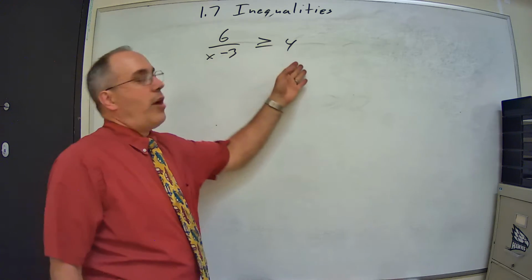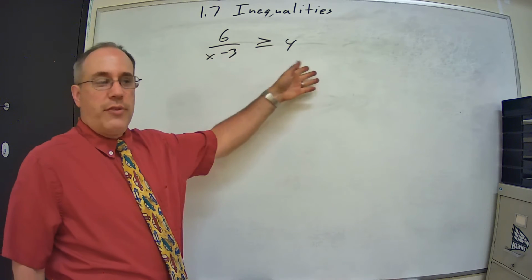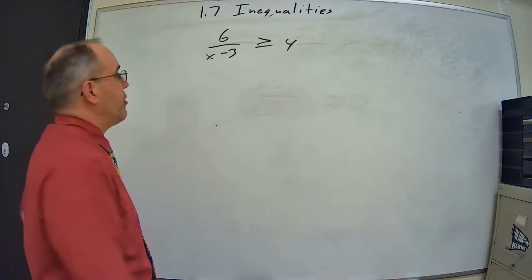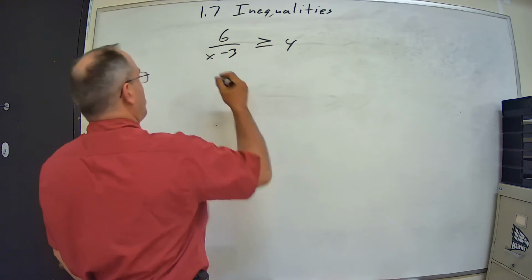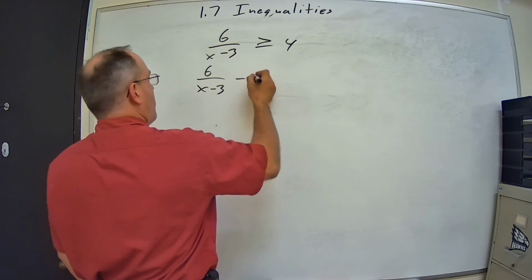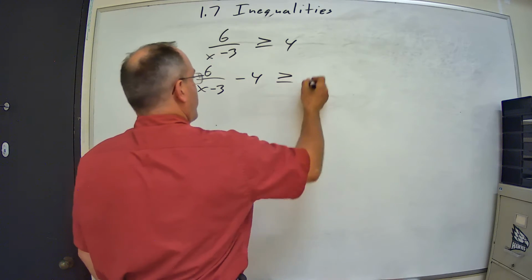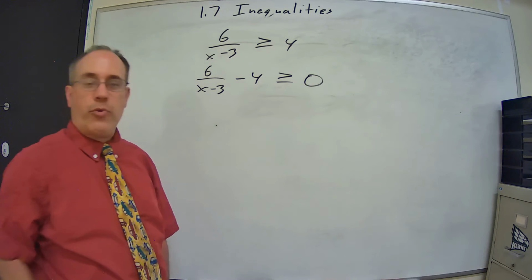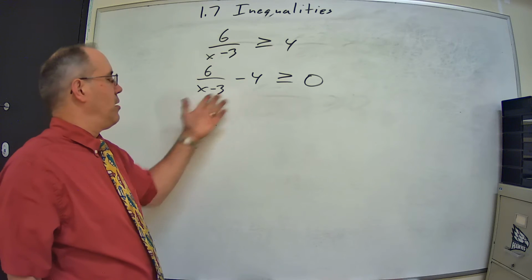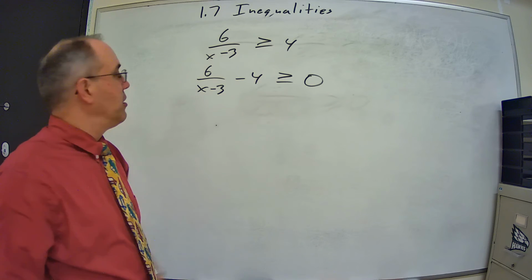As I said, we want to get 0 onto one side and a rational expression on the other. So I'm going to subtract 4 from both sides. We get 6 over x minus 3 minus 4 greater than or equal to 0. That's good, we got 0 on one side. But now we need to turn this into one rational expression.